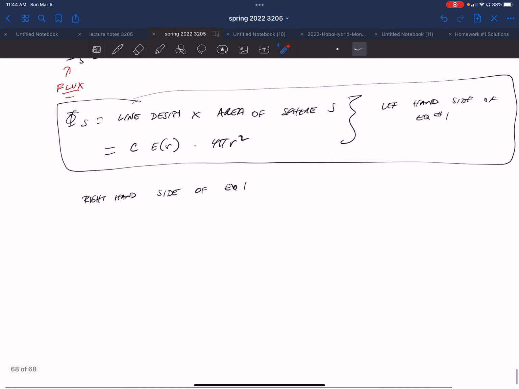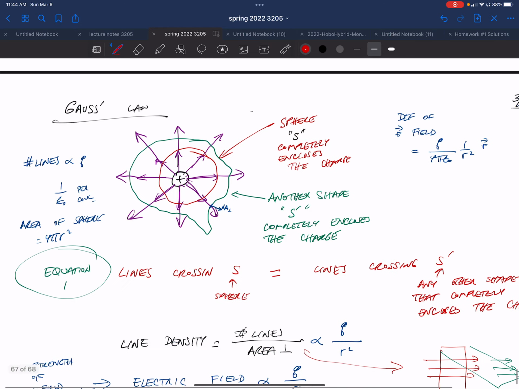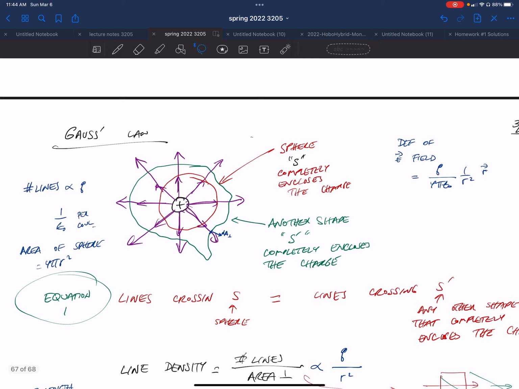So the right-hand side, we're going to call phi sub s prime, the number of lines crossing S prime. And again, this gets more complicated, so let me copy this shape over here so we can refer to it.